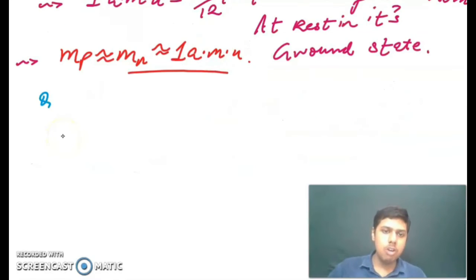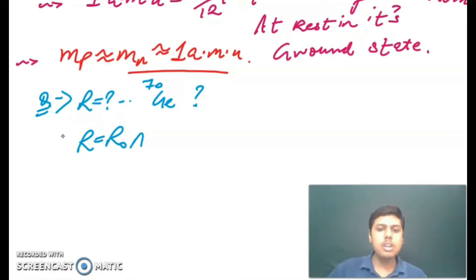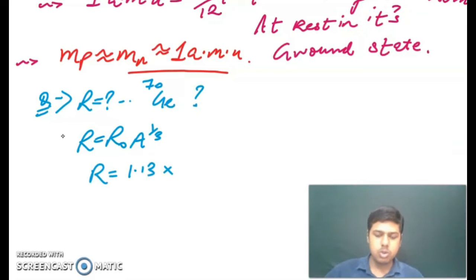We have a question now which says that calculate the radius of germanium having the mass number to be 70. Now we can use the relation r is equal to r naught into A to the power 1 by 3. You can take the answer in Fermi. See, r is equal to, as you know, 1.13 Fermi into 70 to the power 1 by 3.